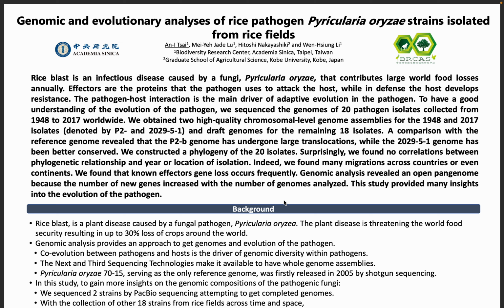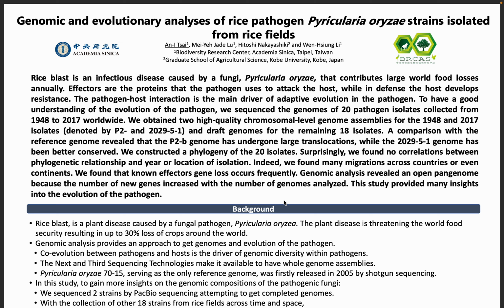The relationship is based on specific proteins called effectors. They are the main proteins that the pathogen uses to attack the host, while in defense, the host develops resistance. Such interaction is also called co-evolution, and such co-evolution between pathogens and hosts serves as the main driver of genomic diversity within pathogens.